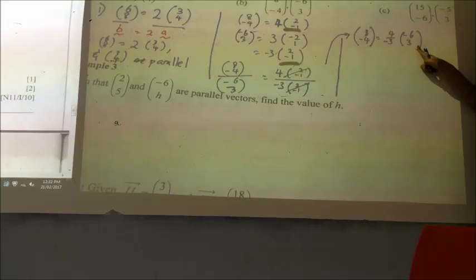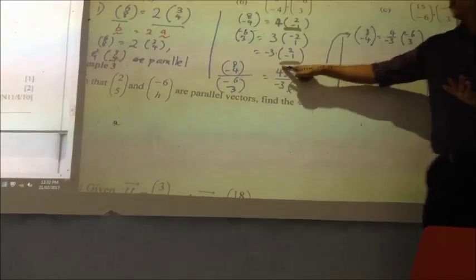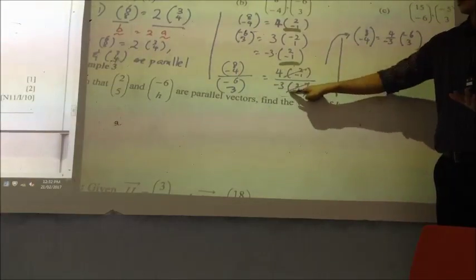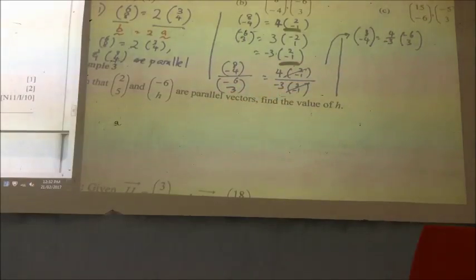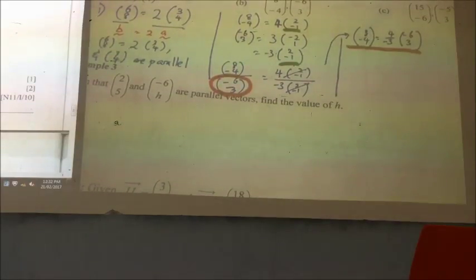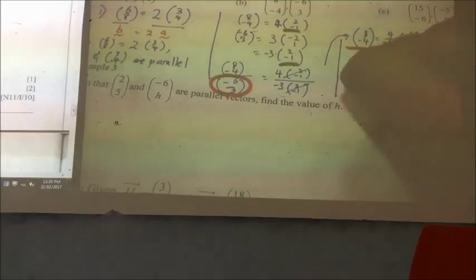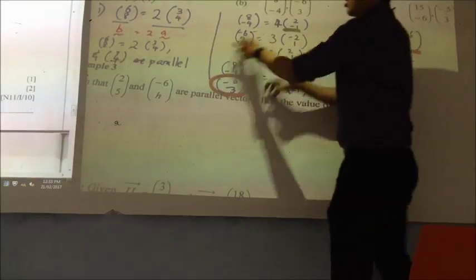Don't understand. Okay, I show again. What I'm showing you is I take one vector divided by another vector. Once I factorize, I notice that I can cancel them. Now, this bottom vector, I can actually bring over. Why do I want to bring it there? Because once I write this, you notice that this looks like B is equal to k times of A. Yes, you can switch anyhow you like.